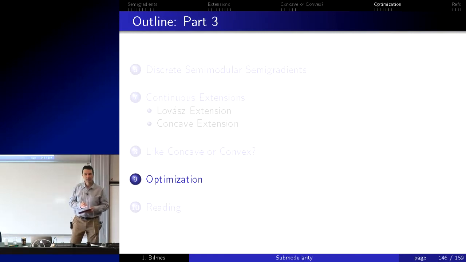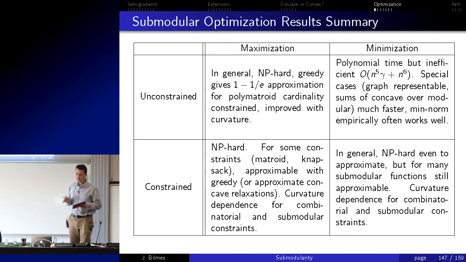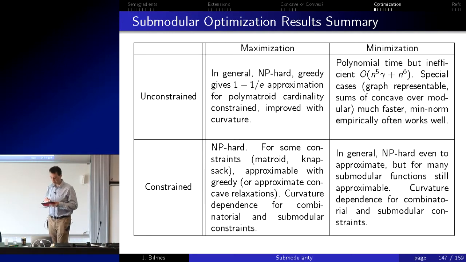Okay, so the last topic I want to talk about a little bit is optimization. Basically we've got submodular maximization and minimization, and unconstrained versus constrained. So let's start off with unconstrained maximization. In general, if you have a polymatroid function, it's trivial to maximize. You just take the ground set, right? Because it's ever growing.